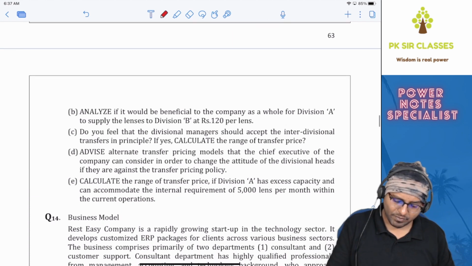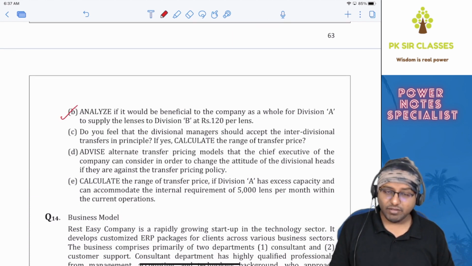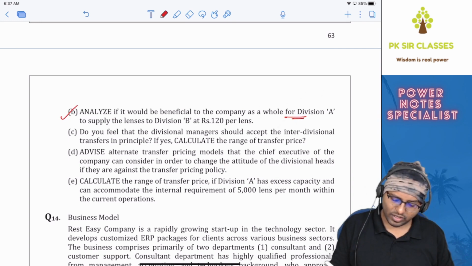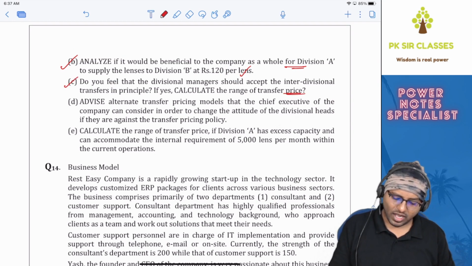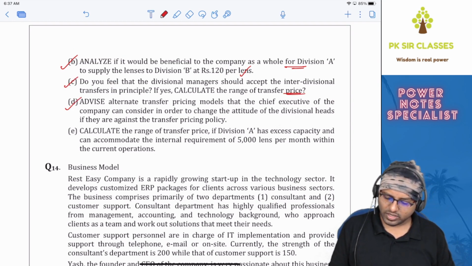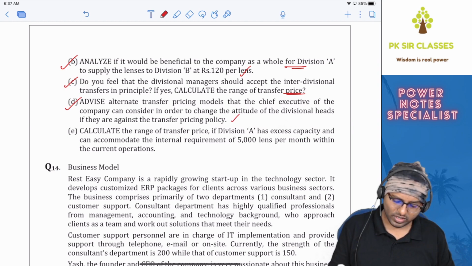B. Analyze if it would be beneficial to the company as a whole for Division A to supply the lenses to Division B at 120 per lens. Do you feel that divisional managers should accept the interdivisional transfers in principle? If yes, calculate the range of the TP. Advise alternate transfer pricing models that the chief executive can consider in order to change the attitude of the divisional heads if they are against the transfer pricing policy.